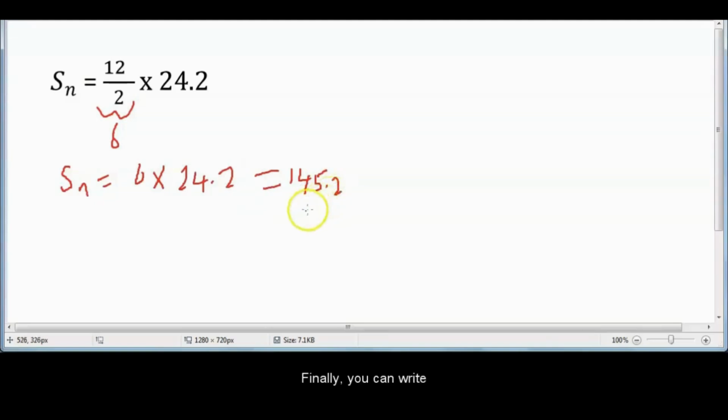Finally, we can write S is equal to 145.2.